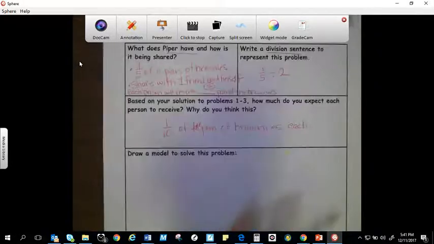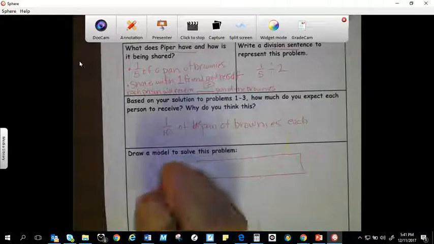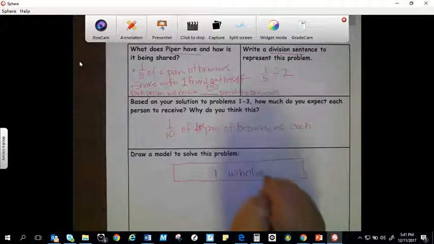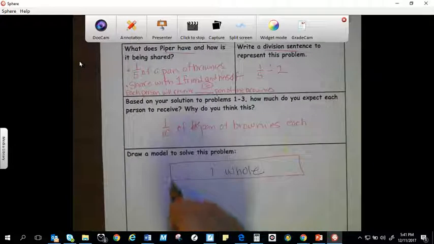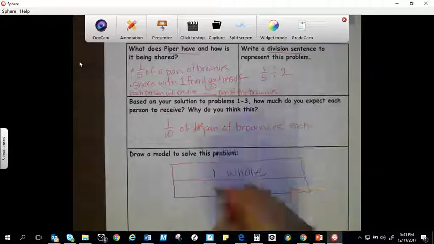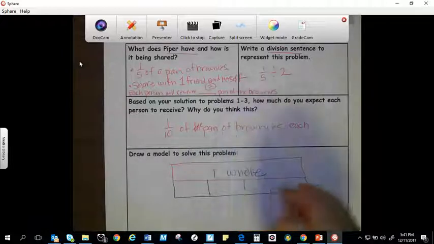Draw a model. Here's my one whole. I know that there's 5 parts to a whole. Let me just draw another fraction here.